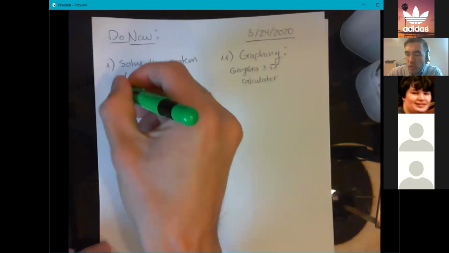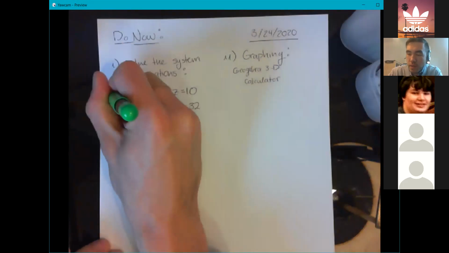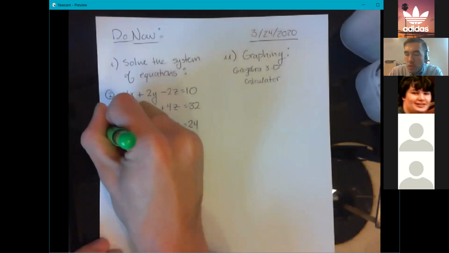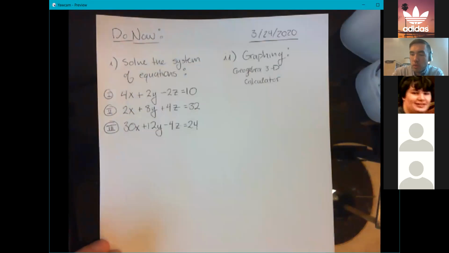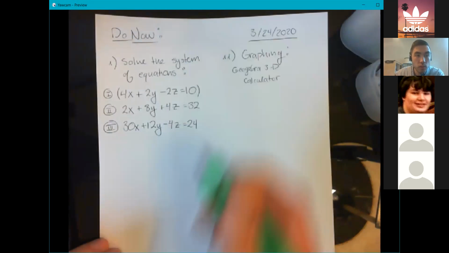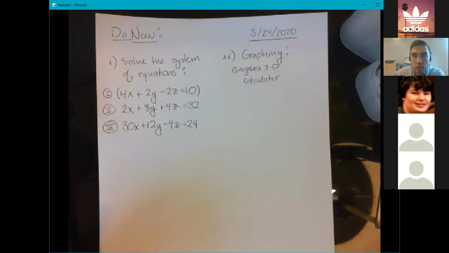And so I'm going to take equation, and again, I'll label these out just because I think it's good practice. 1, 2, 3. And so I'm going to take equation 1 and hit it with a multiplier that will turn x into negative 30. And what will do that? What do I have to multiply 4 by to get 30? 7.5.